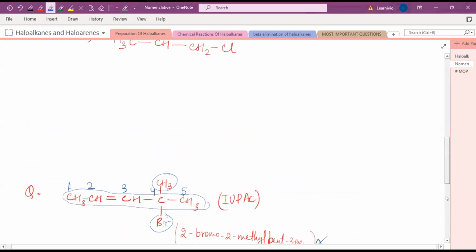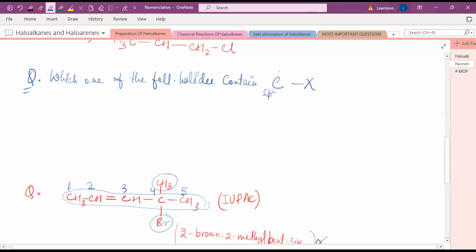Okay, just tell me which one of the following halides contains the halogen group bonded to an sp2 hybridized carbon.